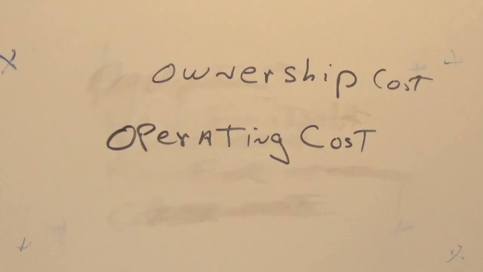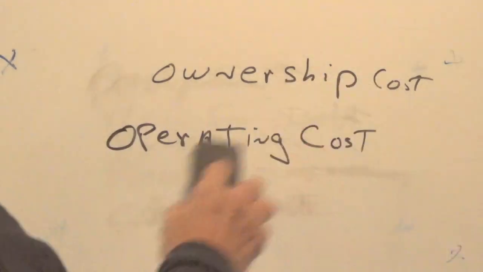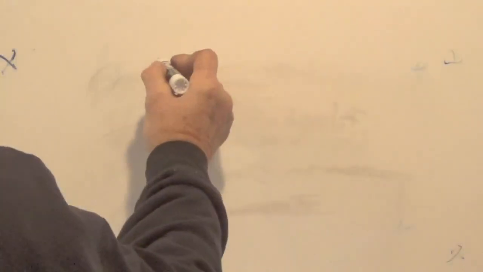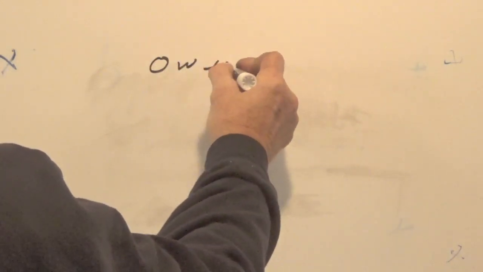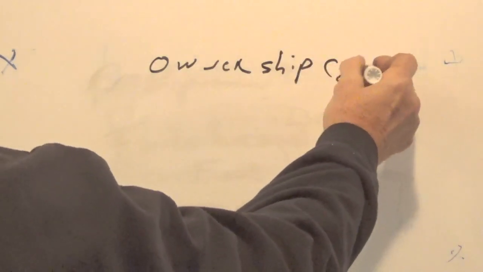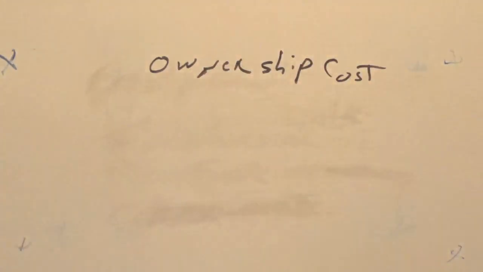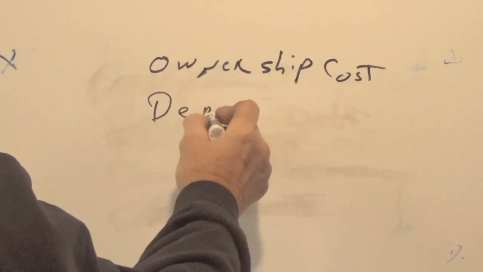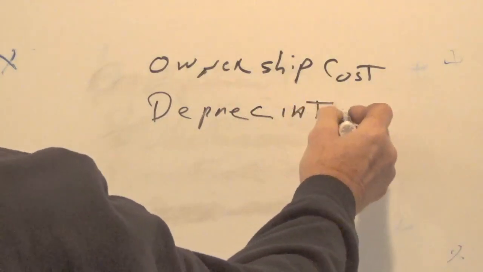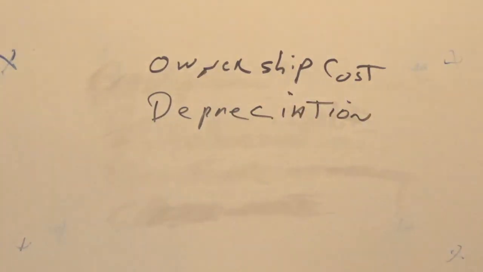Okay, so anyway, ownership costs, okay? There's two categories, ownership costs, operating costs. Under the category of ownership costs, you have things like depreciation, you have interest.